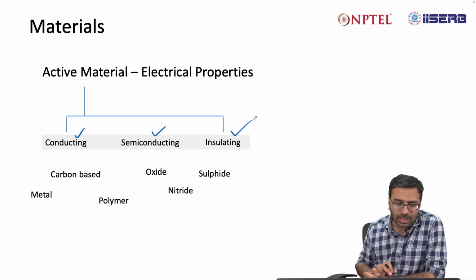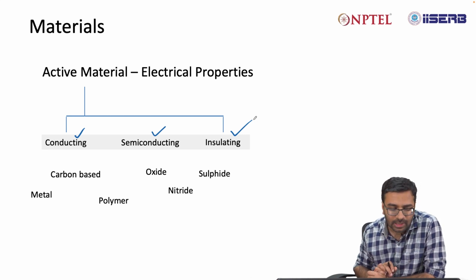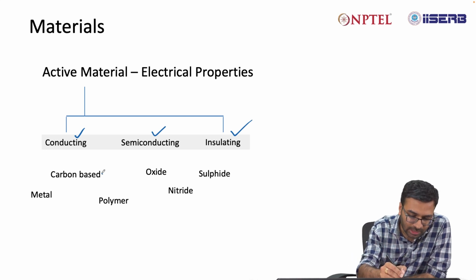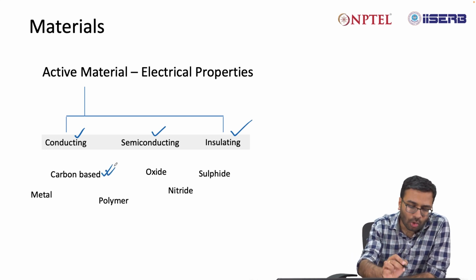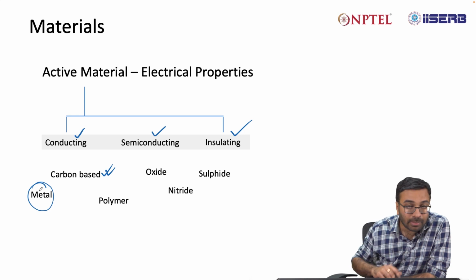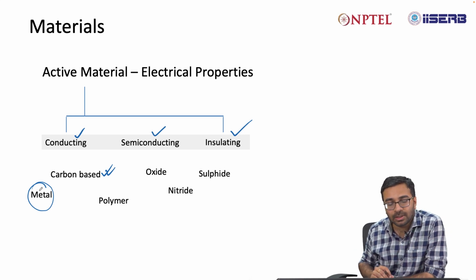Some of the examples I have given: if the active material is conducting, then definitely the material will be carbon based, or say metal. Metal is maybe one of the popular choices in conducting materials.